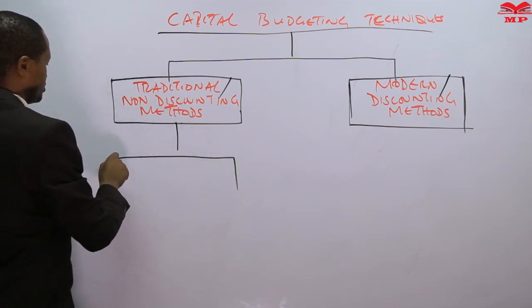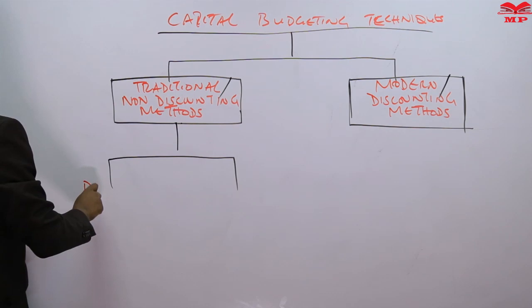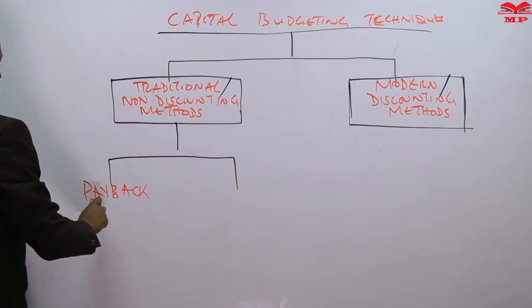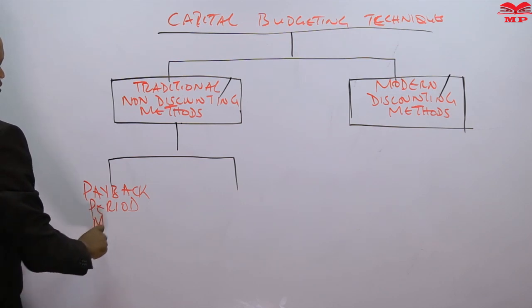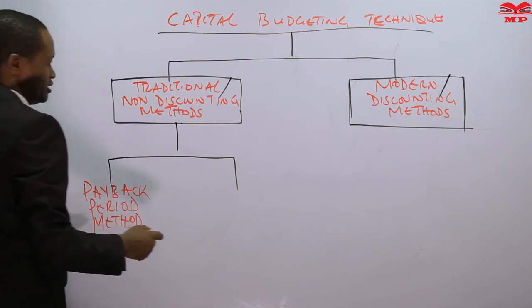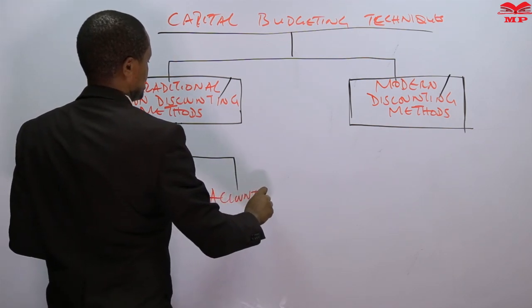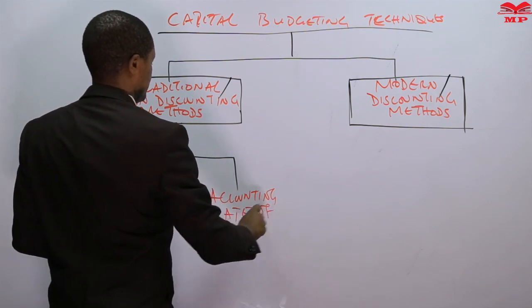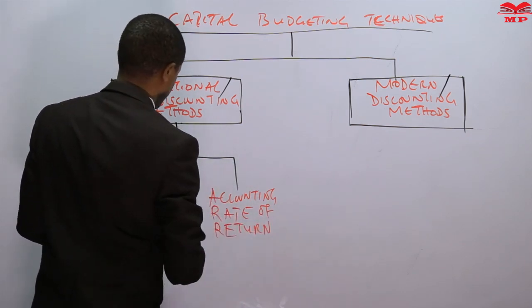We look at two methods, and that is number one, the payback period method, and the accounting rate of return method.